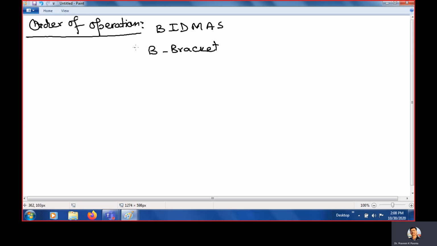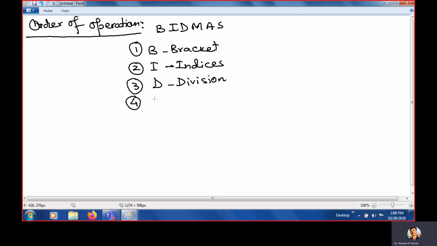So first we solve the bracket if any bracket is given. Number 2 is I. I means indices. If something comes, I will explain. Number 3 is D, division. Number 4 is M, multiplication. Number 5 is A, addition.